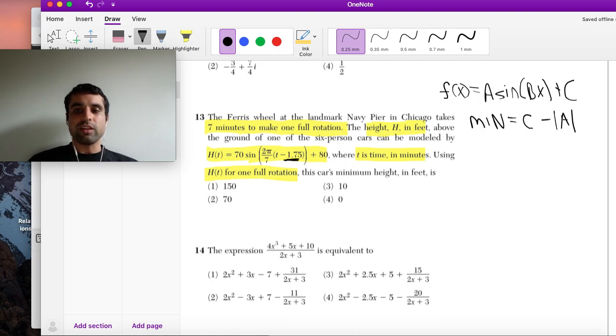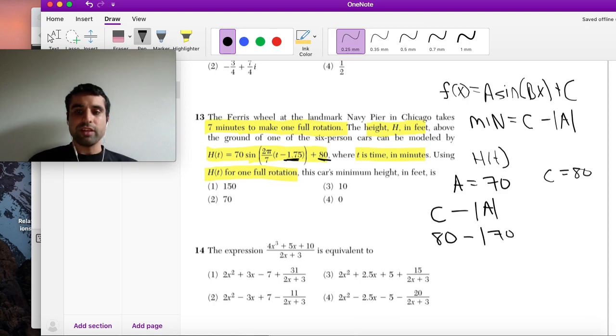So in our equation h of t, our a value is 70, and our c value is 80. So c minus the absolute value of a is 80 minus 70, which is 10 feet. That's the minimum height.